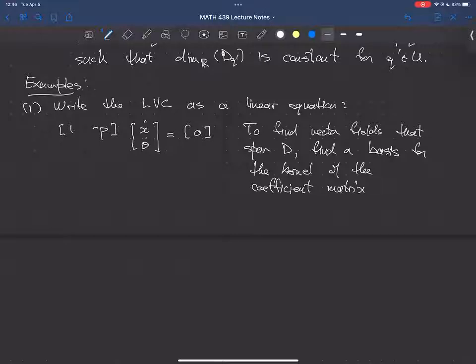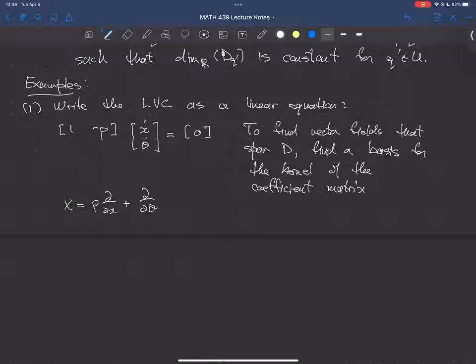In this case the kernel is going to be one dimensional. As long as the matrix has full rank, which it does, the rank is 1, then its kernel will be one dimensional, and there's going to be one vector field that spans it. It's going to be rho d by dx plus d by d theta.